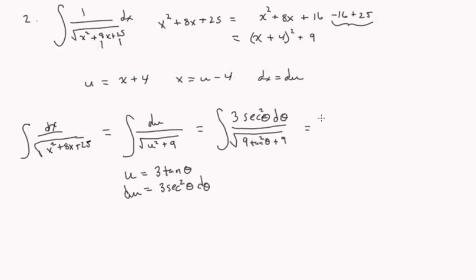Continuing along, this is review for you here, so I'll move quickly. Secant squared theta d theta over, so I factored out a radical 9 to cancel out the 3. And I have now over the square root of tangent squared theta plus 1.